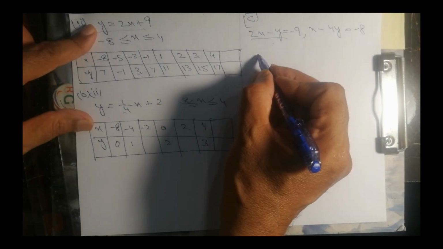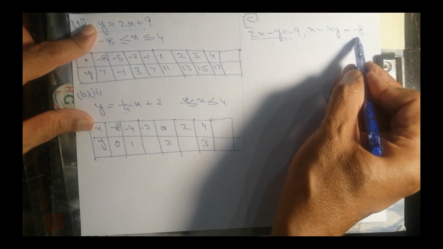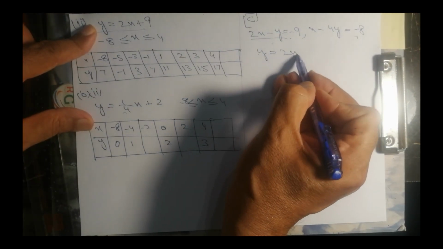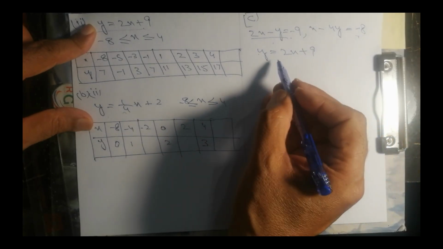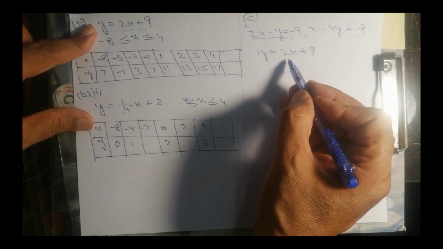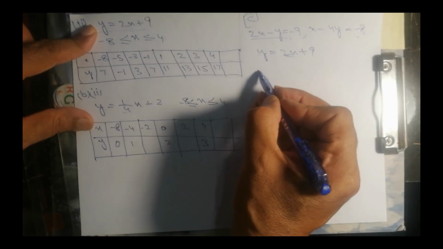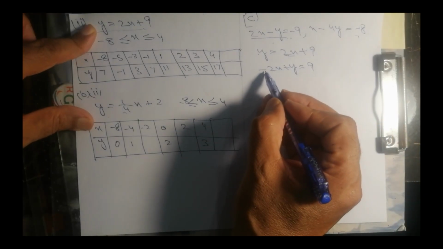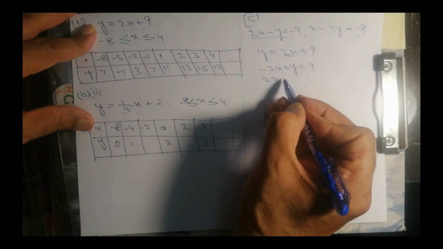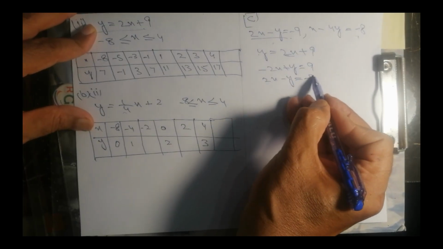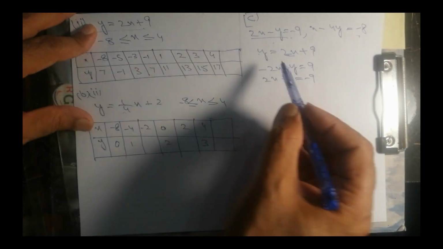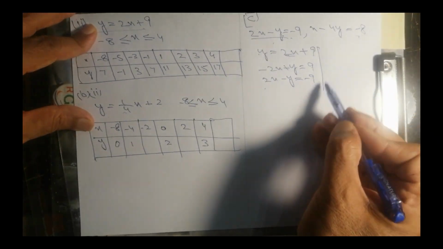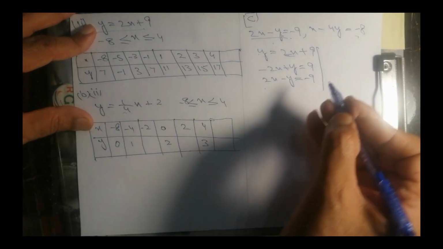How, for example, suppose he told us to solve these two equations. If we see y equal to 2x plus 9, we can write minus 2x plus y equal to 9, and then multiply both sides by minus. This will be 2x minus y equal to minus 9. So I took this equation and this is exactly this one, and for this equation it is actually this one.